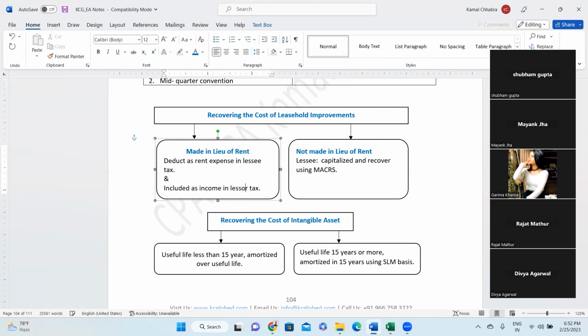So in the books of the lessee, it will be reduced as rent expense. In the books of the lessor, it will be rental income. If not made in lieu of rent, that means you have made it at your own choice, then the lessee can capitalize and recover using MACRS. Make sense?